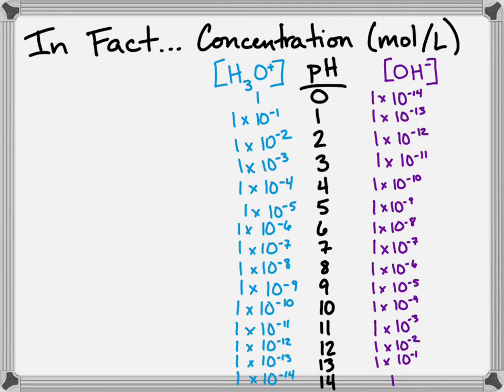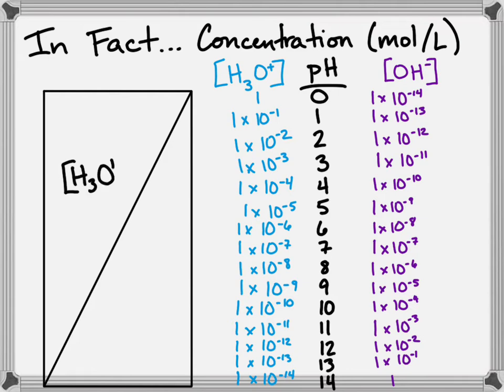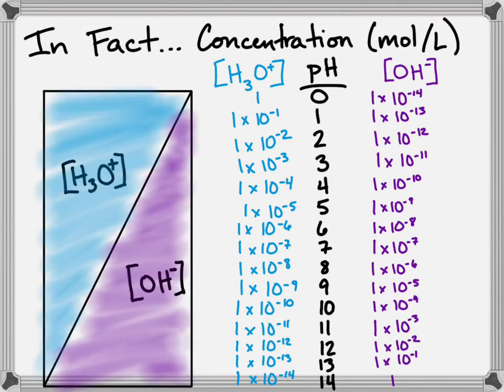Here's one more way to visualize the change in concentration as you go from 0 to 14. So you can just see more hydronium at a pH of 0 or 1, and then changing to mostly hydroxides as you go towards 14. Most solutions do not exist at the extremes. Definitely in life, we're dealing with things mostly between like 5 and 8.